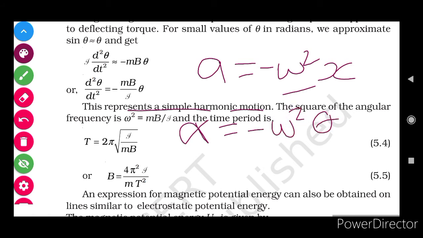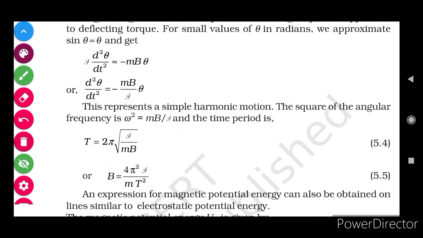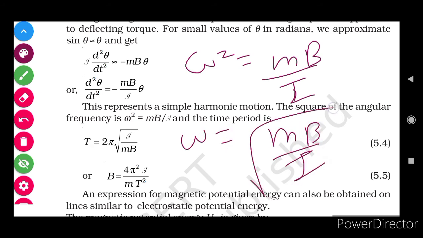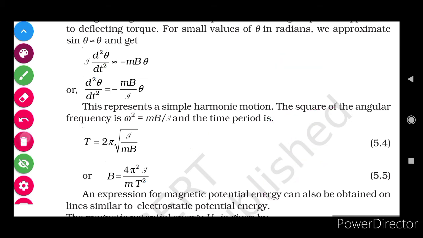If you compare the two, you will see that omega square is equal to MB upon I. So omega is the root of MB upon I, and you know angular frequency omega is 2 pi f.